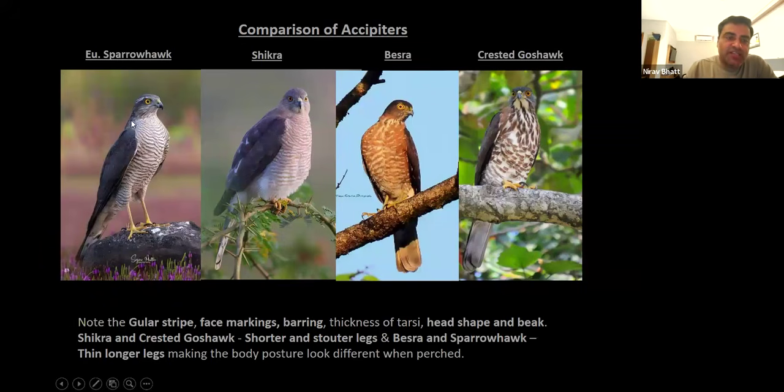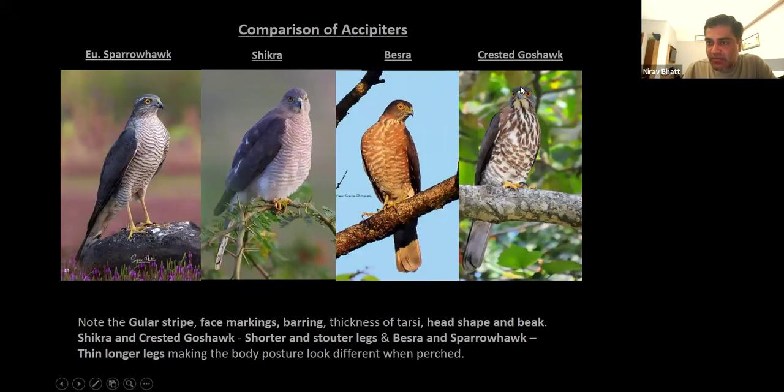Next is the face markings. As I told you, this eye mask is very unique for Sparrowhawks along with the eyebrow. In Shikra, it has a uniform looking head. In Besra, it has a darker head with yellow eye ring and smaller beak.